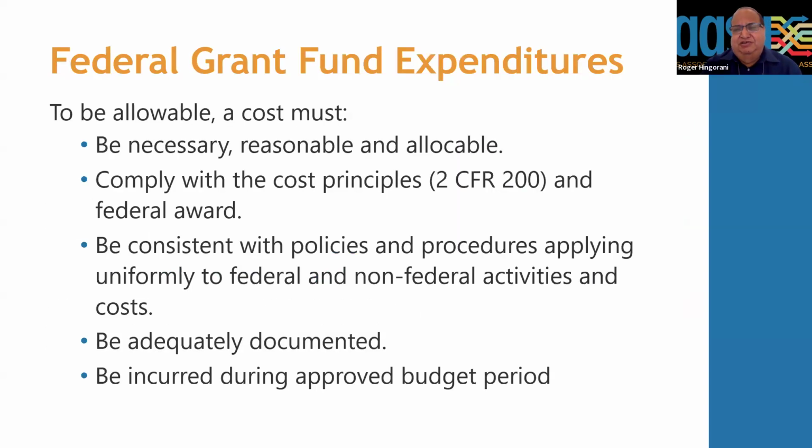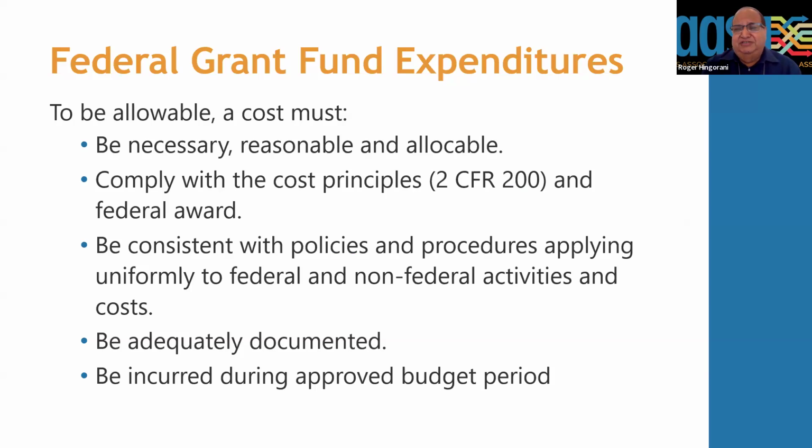Before we get into the time and effort, some basic federal grant fund expenditure requirements. As you all know, to spend the federal funds, all the costs have to be reasonable, necessary, and allocable. You will hear a lot about allocability throughout this presentation, because that's how the government likes to see it, because federal funds are basically supplemental funds.